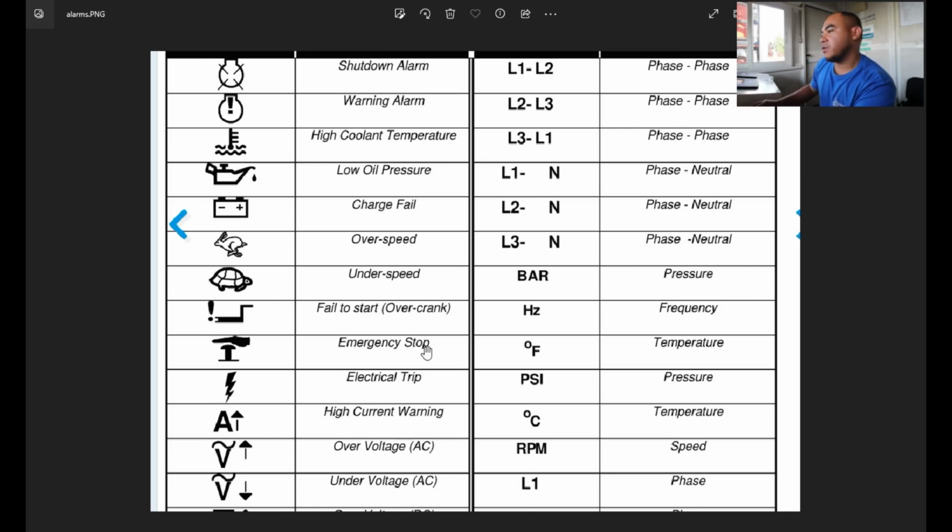So we have to look at the other symbols here. If you see here, we have a hand and a push button. So this one is emergency stop. If you see this alarm popping up on your module, it means emergency stop alarm.